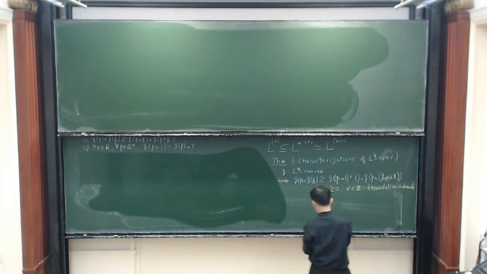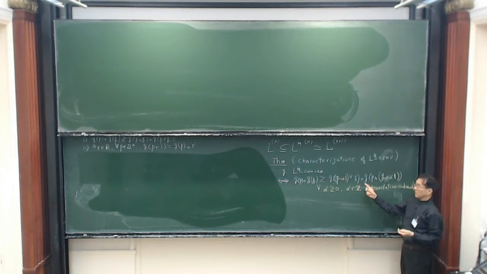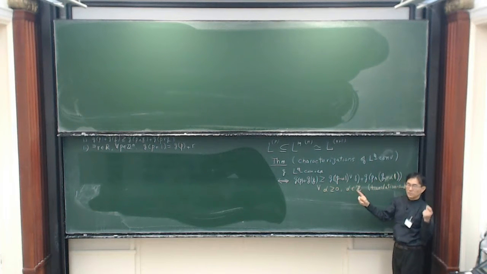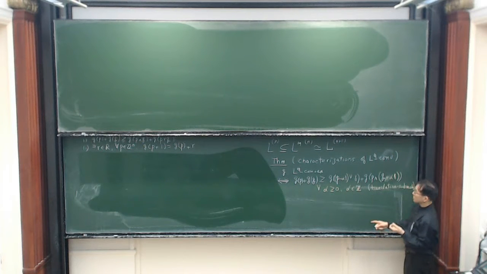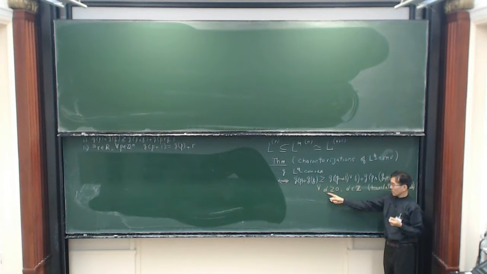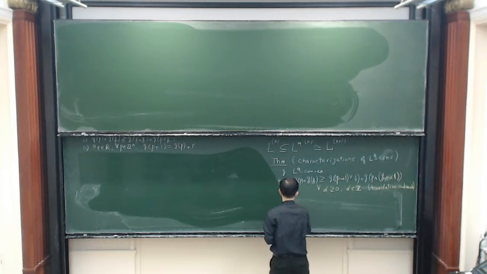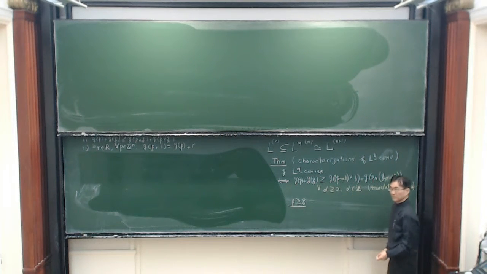So maybe let me draw a picture about this. Actually, I explained that this should be true for all alpha. But alpha 0 is important for submodularity. And also, to understand what it means, we can consider P bigger than Q. What happens in this case?